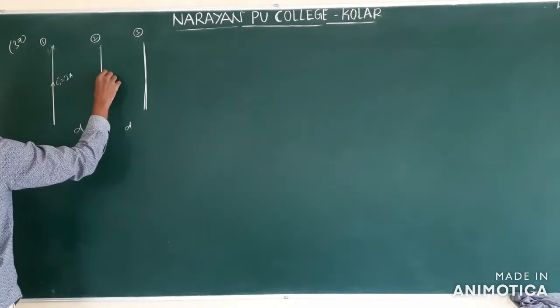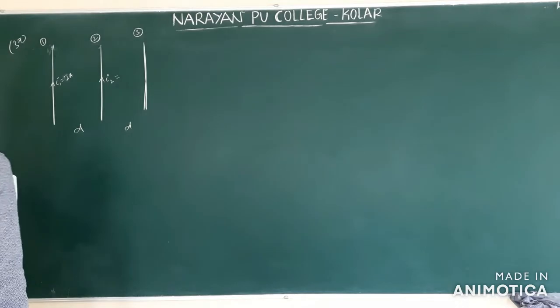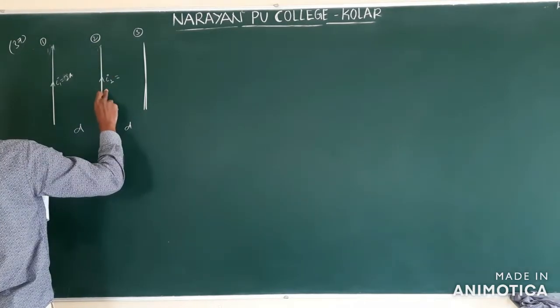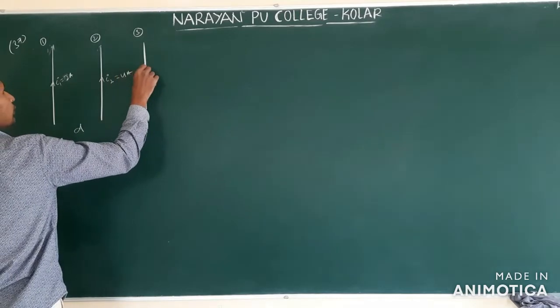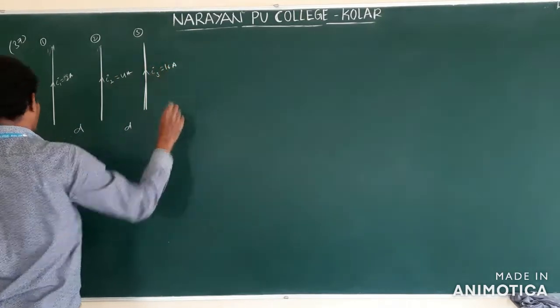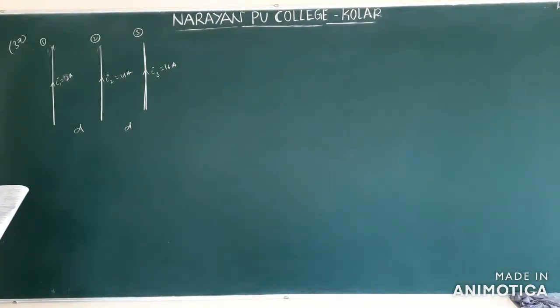The second conductor carries current I2, which is 4 amperes, and the third carries I3, 16 amperes. Okay, find the net force on wire 1, which is F1.